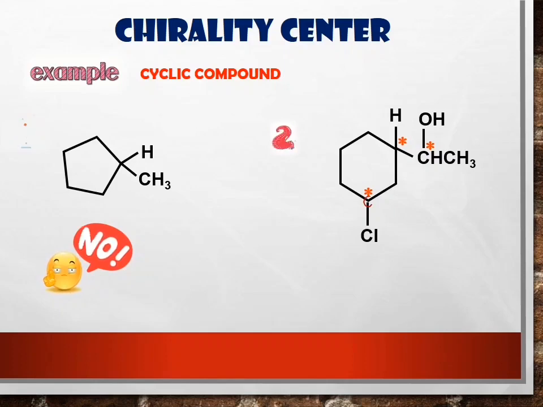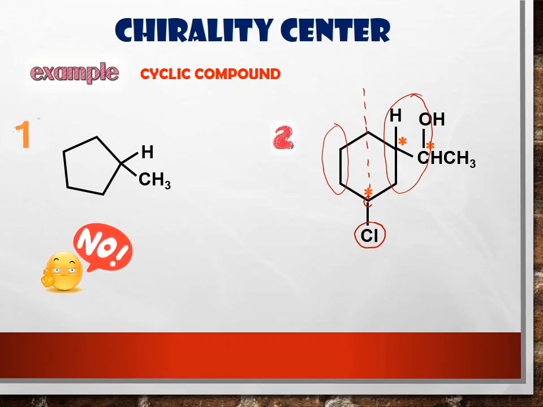Okay, first, this carbon is bonded to this chloride, and if you look here, if we break the ring, look, this side and this side, is it the same? No. So the left side and right side are different.